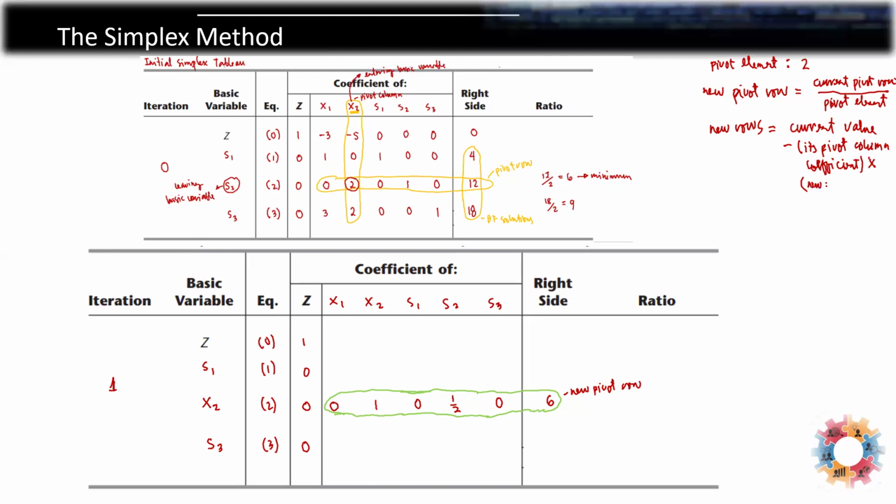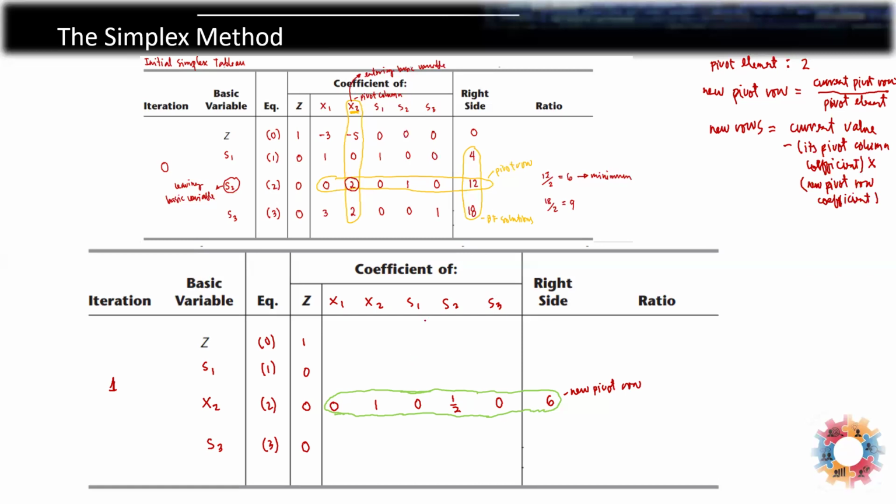Meaning that row, the pivot coefficient corresponding to that column is its pivot column coefficient, times the new pivot row coefficient. And so if we use that, the -5 will become 0.